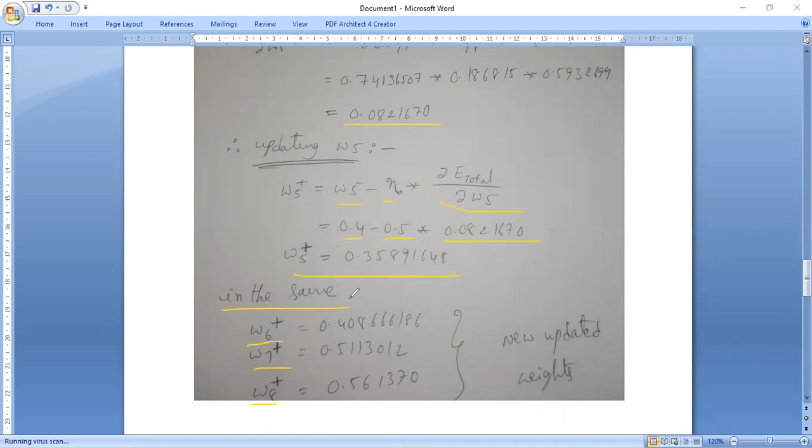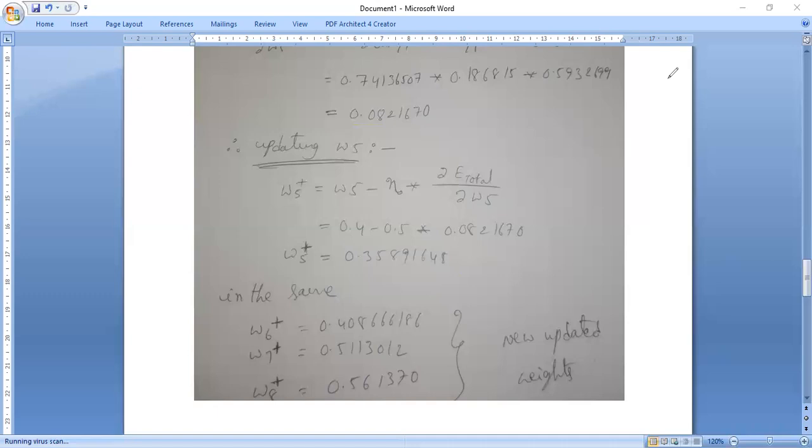That's why the same formula method is applied for W6, W7, W8. These are the new updated weights. Right. Now, so W5, W6, W7, W8 is over.